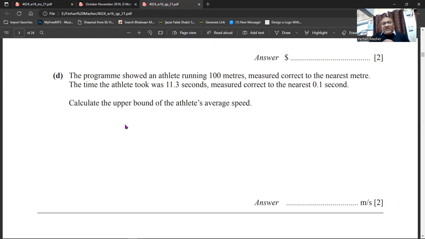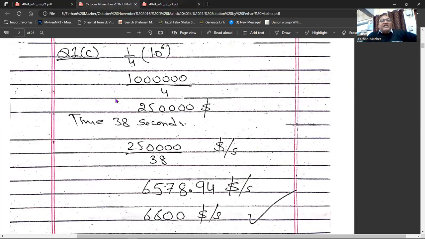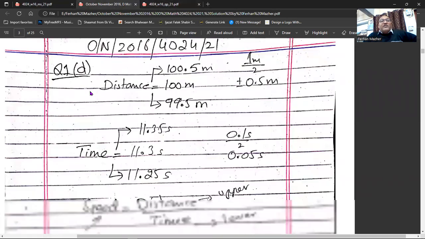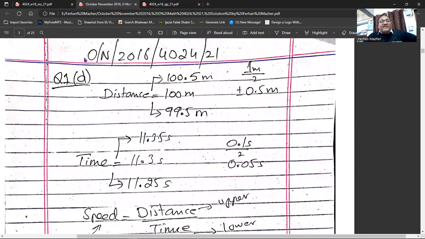Now, because he wants the upper bound of the speed, speed is equal to distance divided by time. You see, the speed you will get by dividing the distance with the time. And I want the upper bound of the speed. So the distance upper bound will be taken, and the time's lower bound will be taken. From that division, you will get the largest answer.